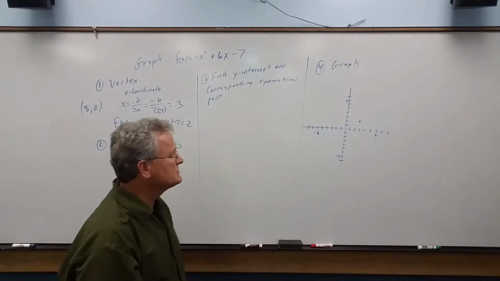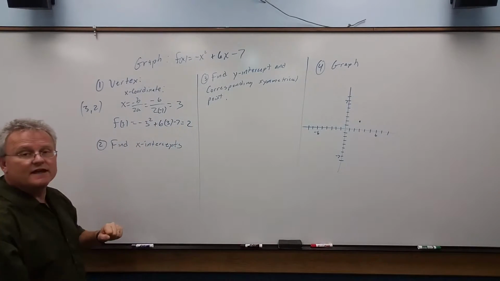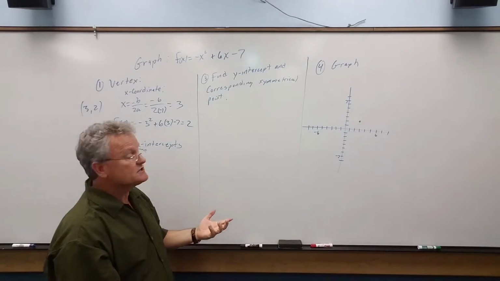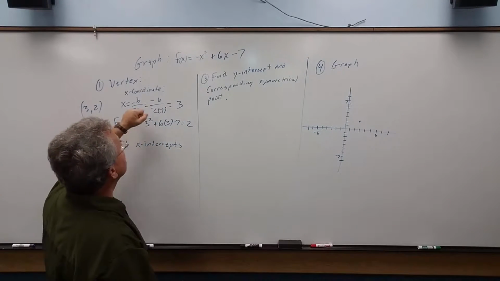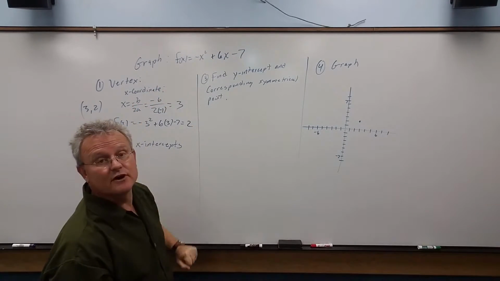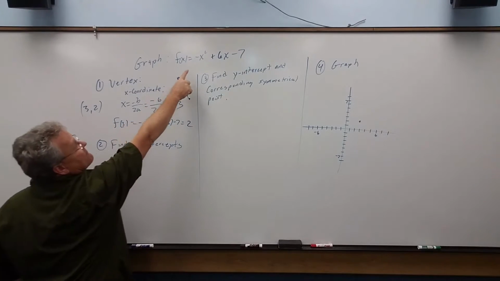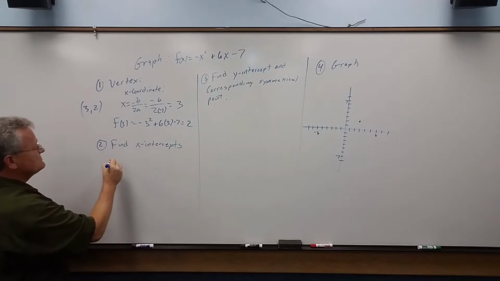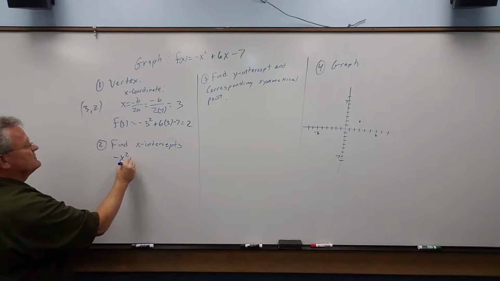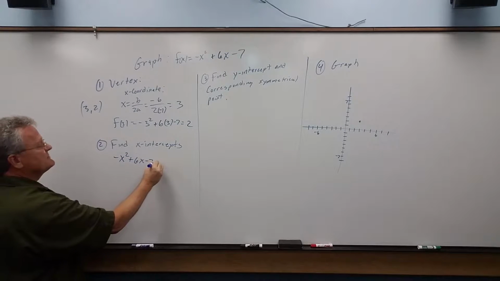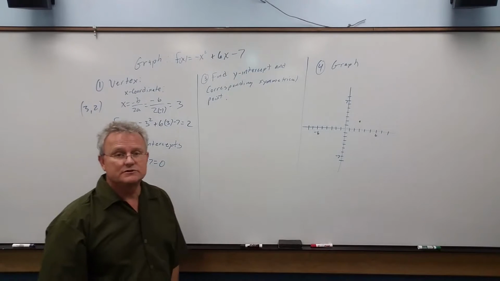So to find the x-intercepts, well, the x-intercepts are when y is 0. So we set this equal to 0: minus x squared plus 6x minus 7 is equal to 0.